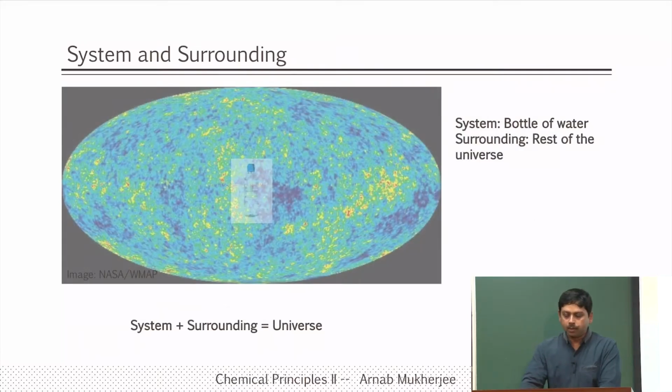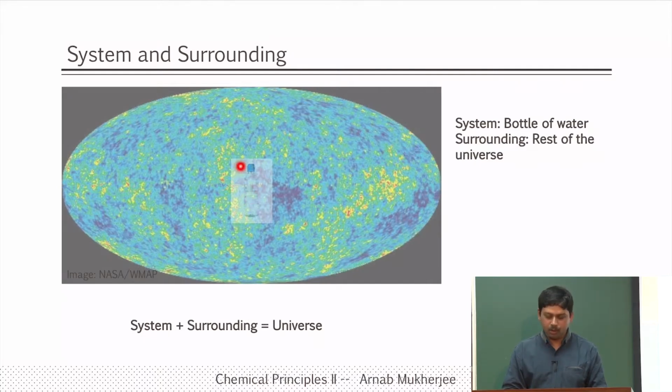To give you a better idea of the system and surroundings, we have taken a picture from NASA's website, the early universe picture. This is what the universe used to look like, one of the earliest pictures of the universe, and in it we have put a bottle. It is not up to scale, you can see that.